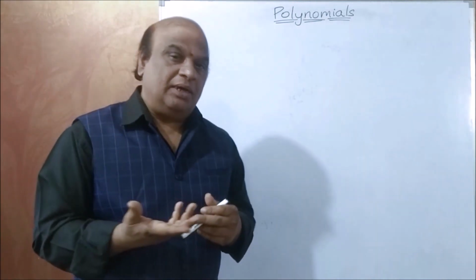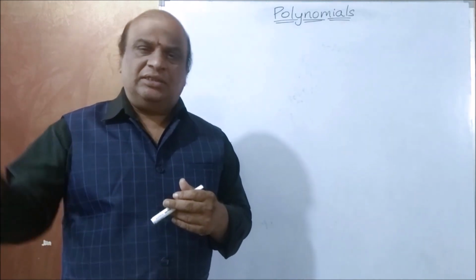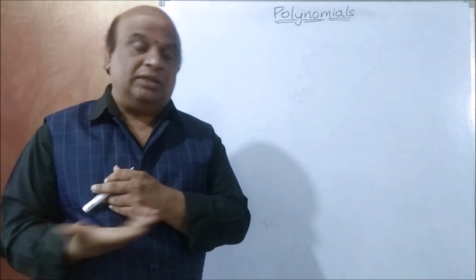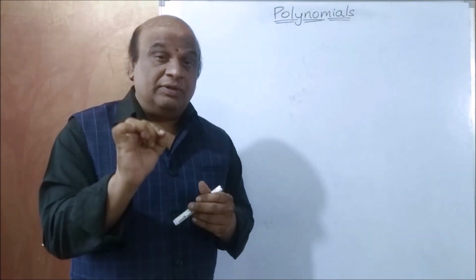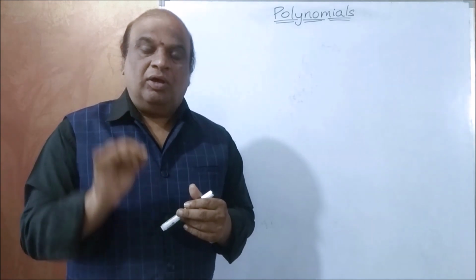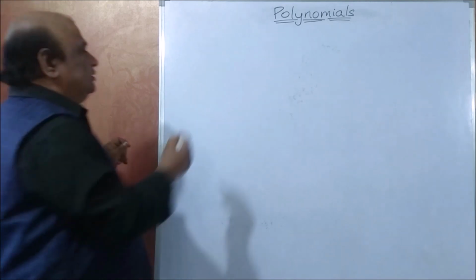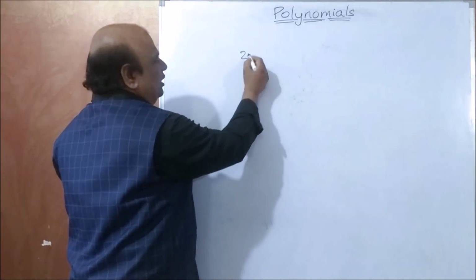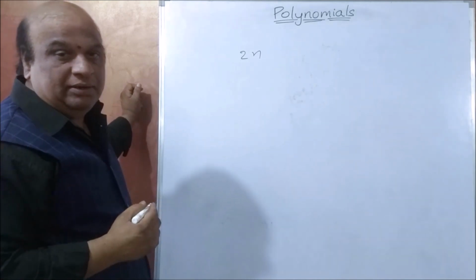What are the even numbers? 2, 4, 6, 8, 10. Like this, so many even numbers are there. But we should give the general form of the given number. What is the general form of an even number? The general form of an even number is 2n.